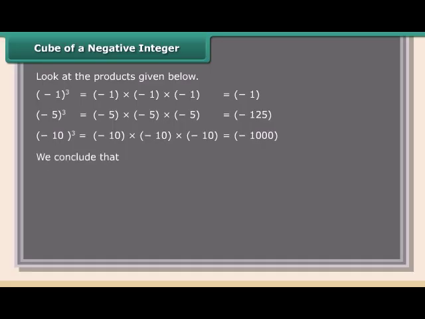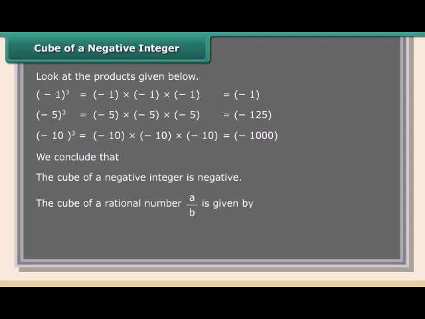We conclude that the cube of a negative integer is a negative. The cube of a rational number a upon b is given by (a upon b) cube is equal to a cube upon b cube.